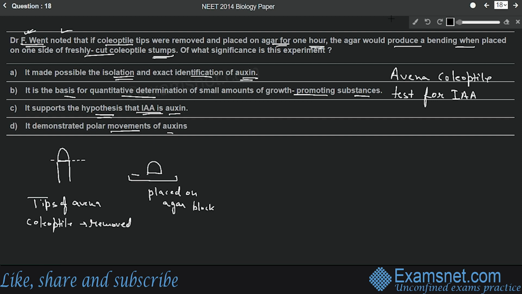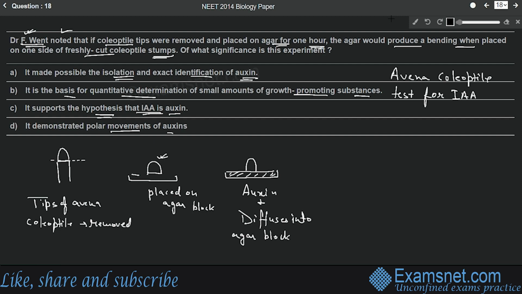Now when it was placed on the agar block, what happened? The auxin from the tip diffused into the agar block. Suppose this shaded portion shows the auxin that has diffused from the tip to the agar block. Now the agar block has the auxin hormone in it.